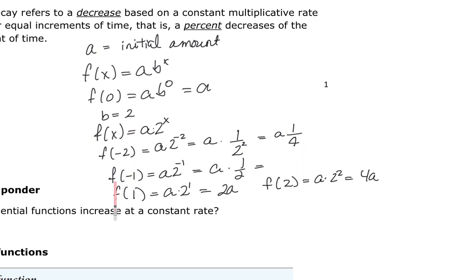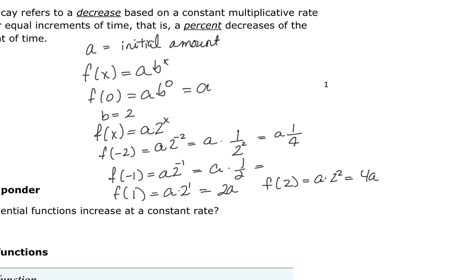When I put in negative 1, I get 1/2 of a. So what I'm doing is multiplying the previous one by 2. If I take 1/4 and multiply by 2, I get 1/2. If I take 1/2 and multiply by 2, I get a. If I take a multiplied by 2, I get 2a, and 2a times 2 gives 4a. And that is that percent increase. I'm increasing by the same factor each time, which is 2.